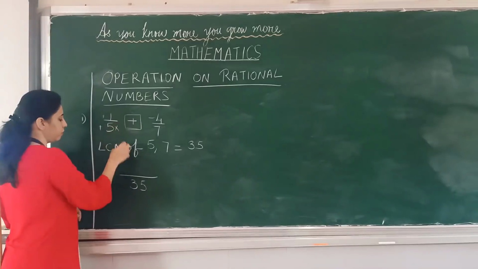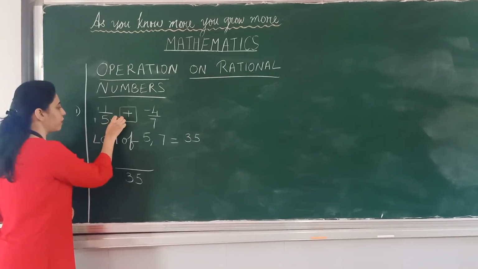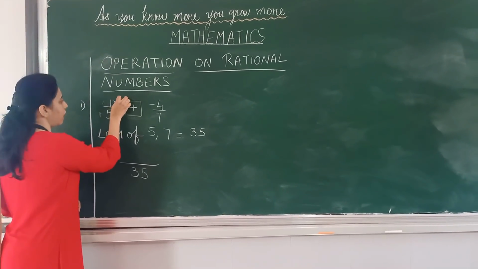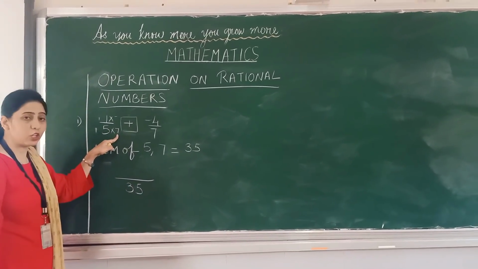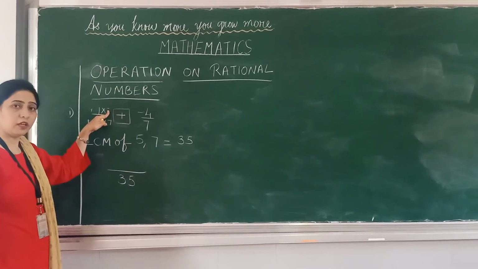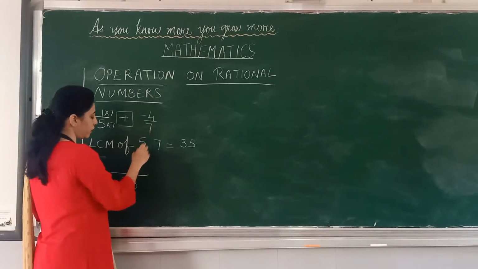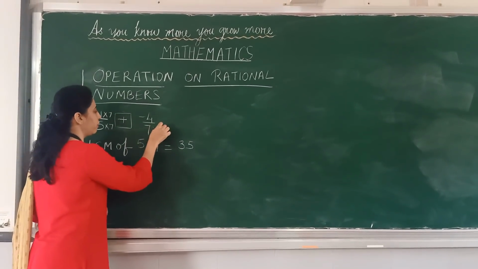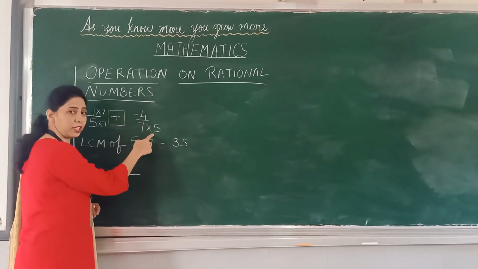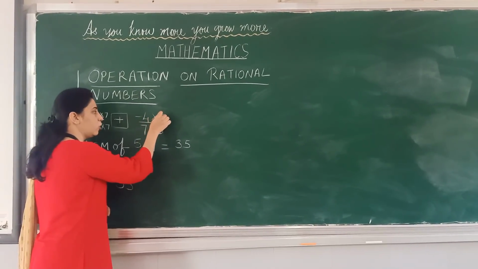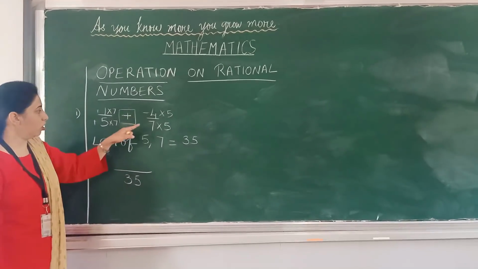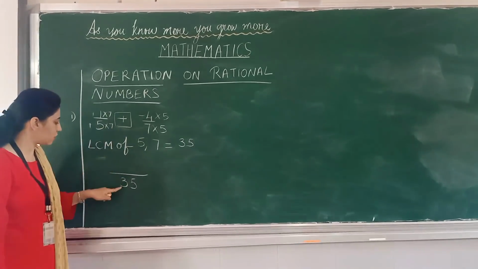Now 5, when 35 comes in 5 table, 5 sevens are 35. When you multiply 7 in the denominator, you have to multiply 7 in the numerator also. Now here when 35 comes in 7 table, 7 fives are 35. When you multiply in the denominator, you have to multiply in the numerator as well.